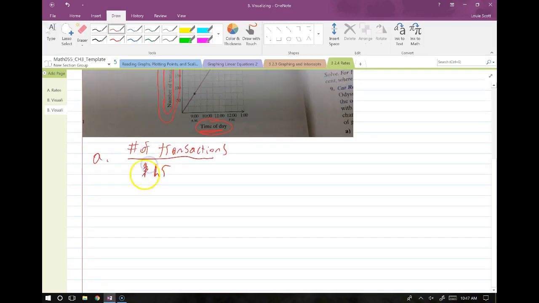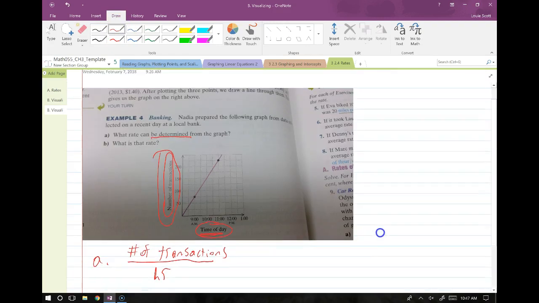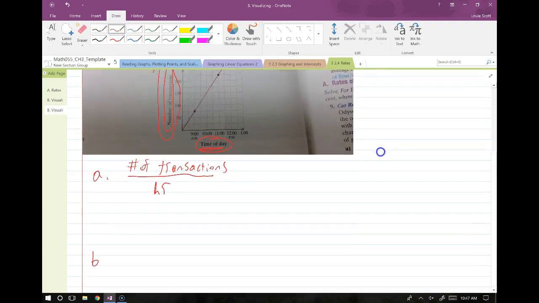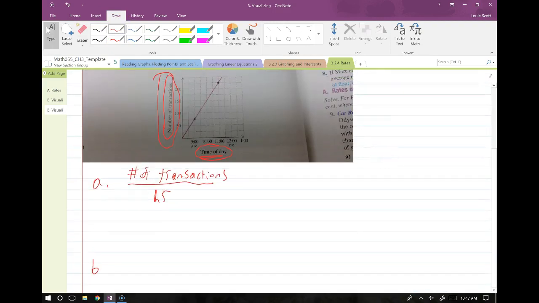Transactions over hours. Part B asks us, what is that rate? We have to figure out the slope of this line. How many transactions per hour are they getting?